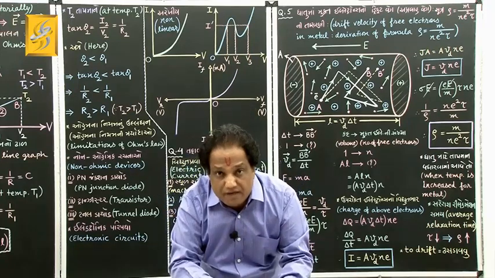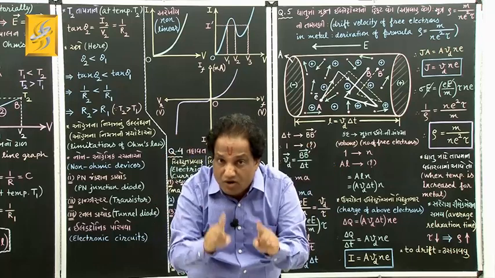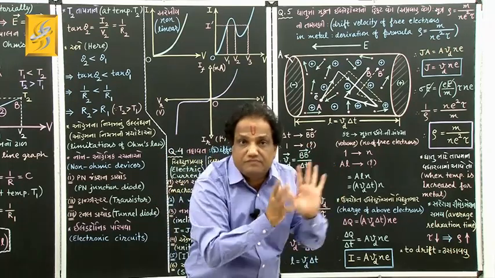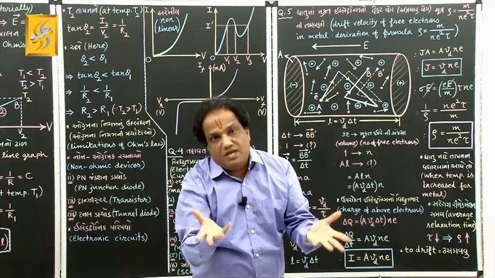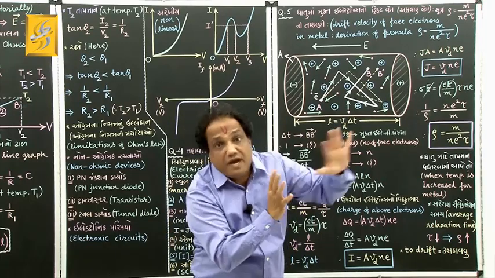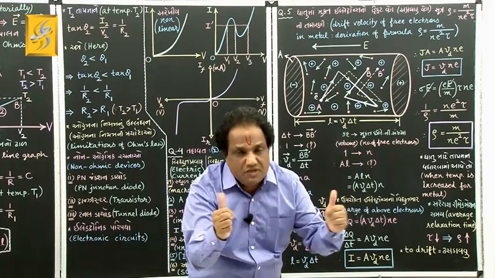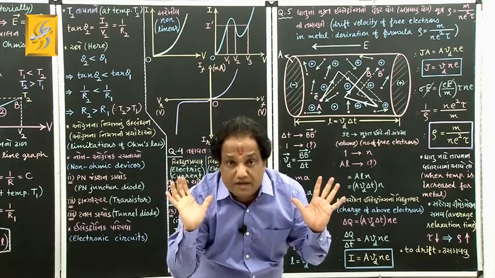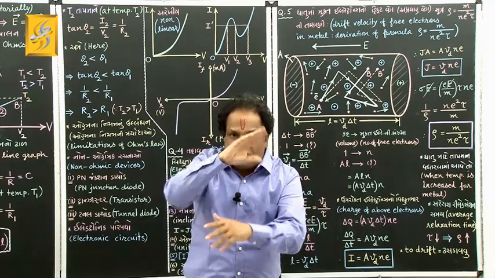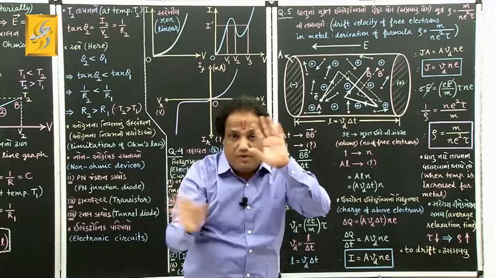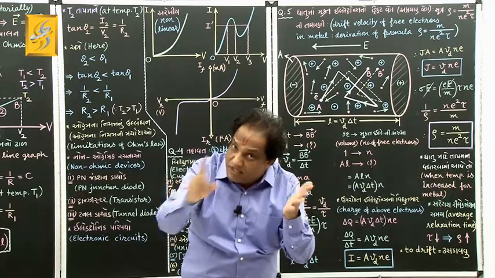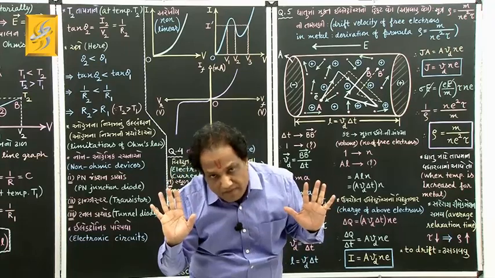So all the free electrons are not making their resultant displacements in a single direction. Unless they do, electric current is not going to get set up in this conductor. So at present, because of the random motion of all the free electrons with equal probability in all the directions, there is no current inside this conductor.